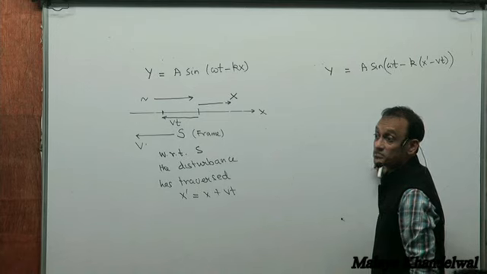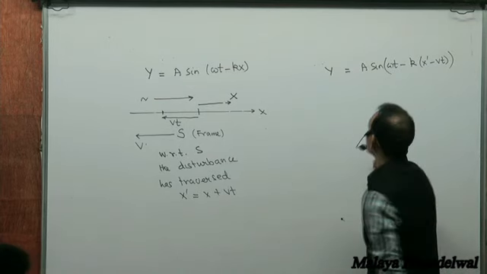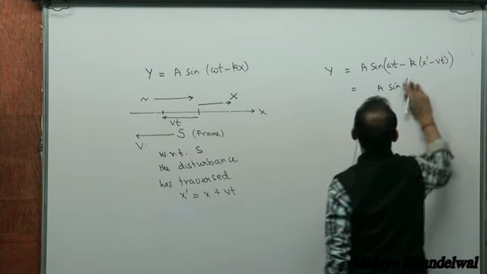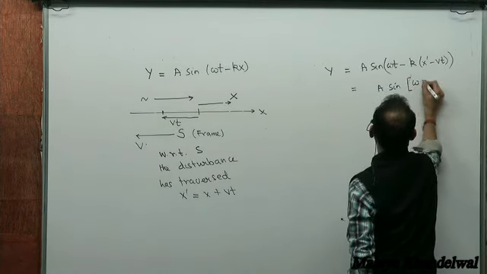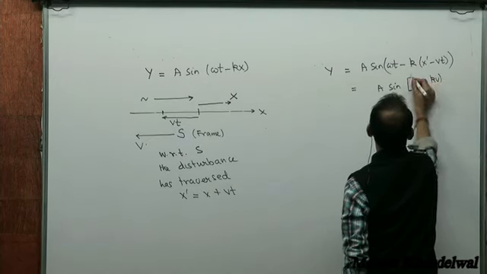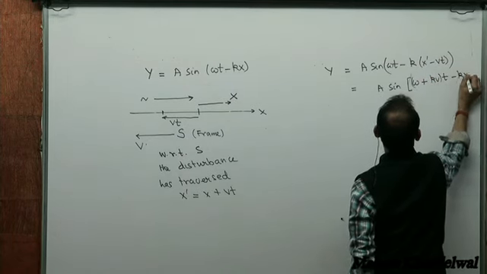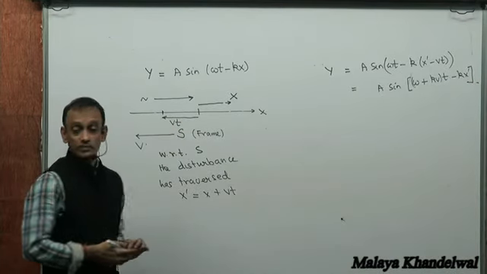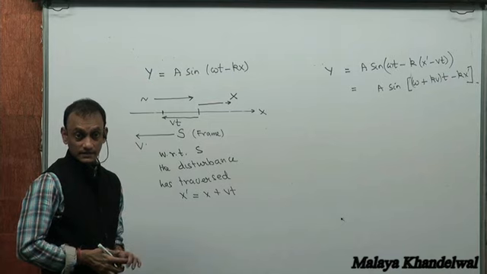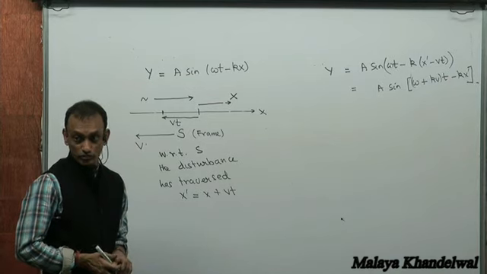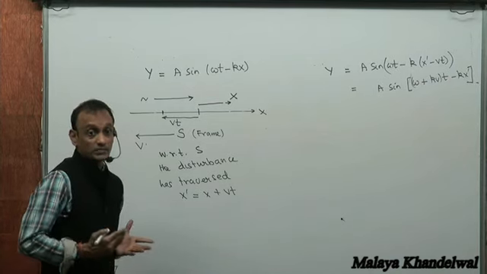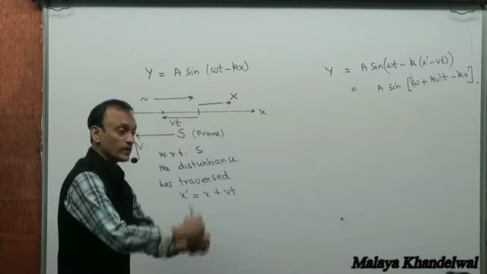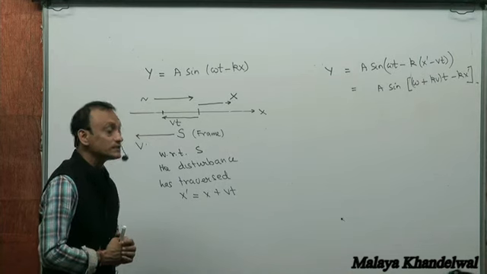Where x prime is the disturbance with respect to the frame S. So which is like a sine((ω + kv)t − kx'), right? That's a description with respect to the frame S. That's a description of wave motion with respect to the frame S, because x prime is the amount by which the wave would have traversed with respect to the frame S.